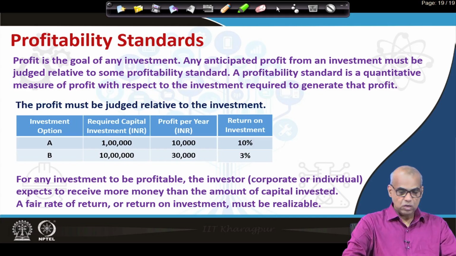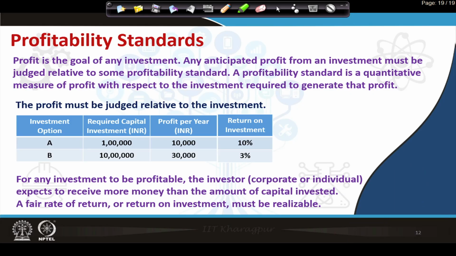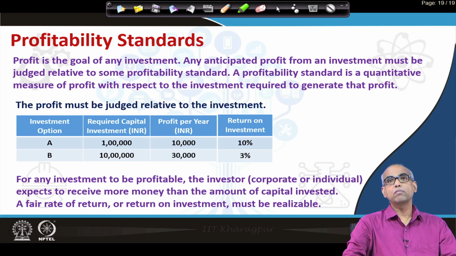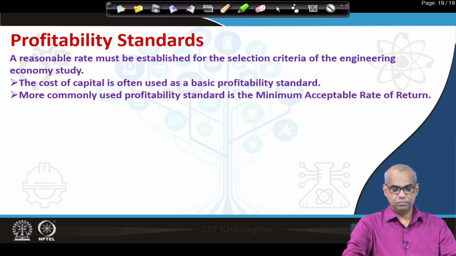Whenever we invest, we expect that we must get more than the amount we invest. So, a fair rate of return must be achieved. A reasonable rate must be established for the selection criteria of the engineering economy study. So, that is the profitability standard.